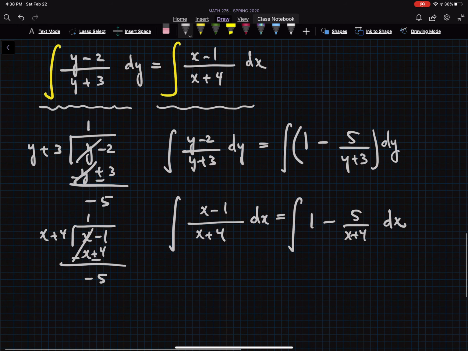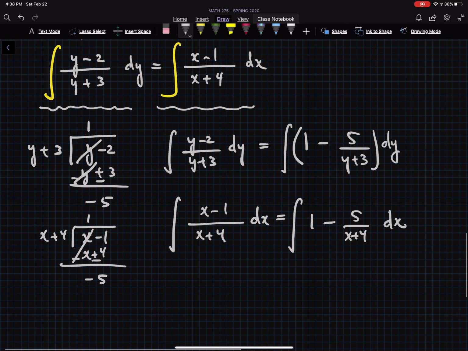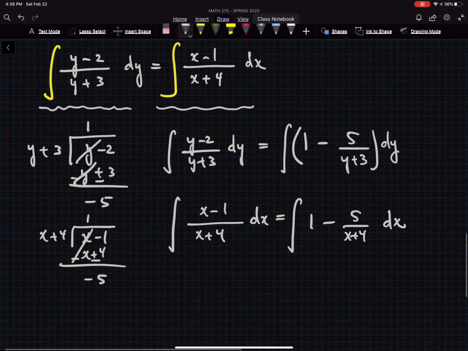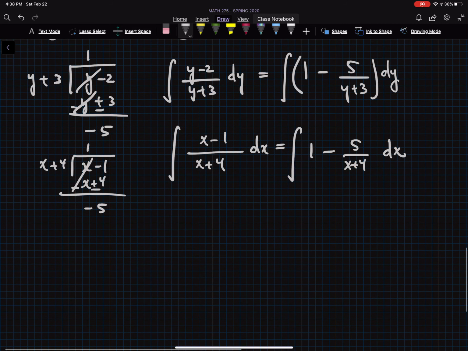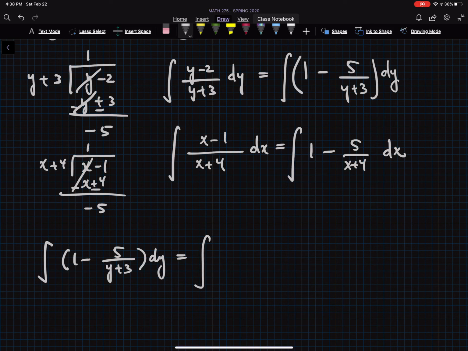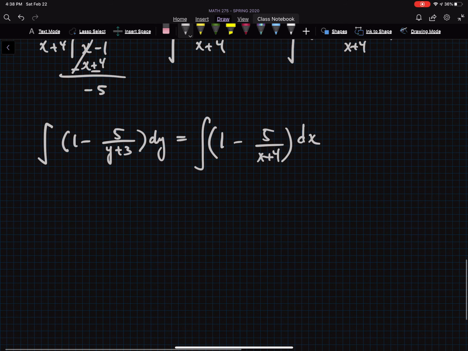So now I can write both sides of this differential equation that I separated, such as this. And now it's quite simple to integrate both sides.